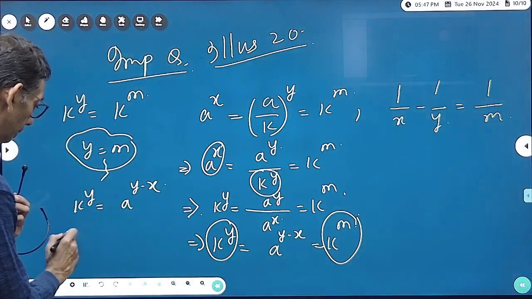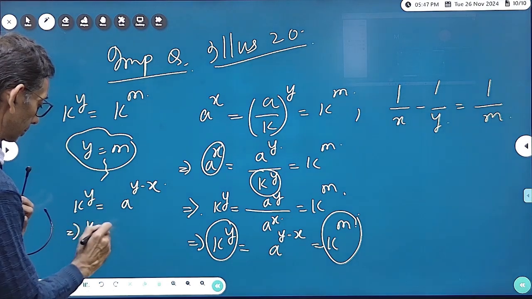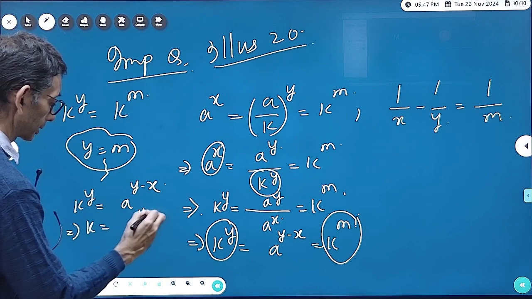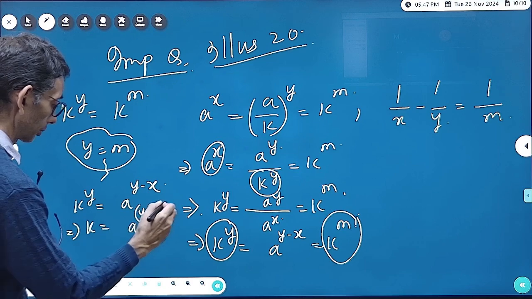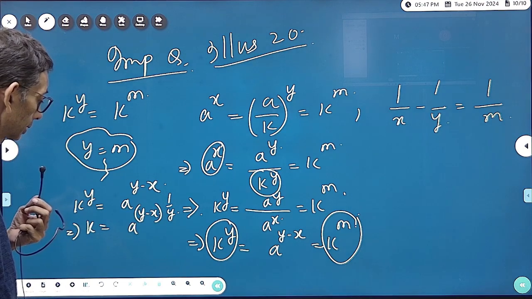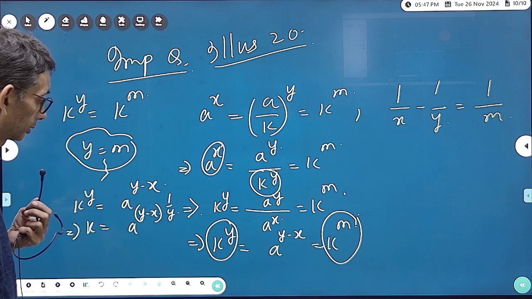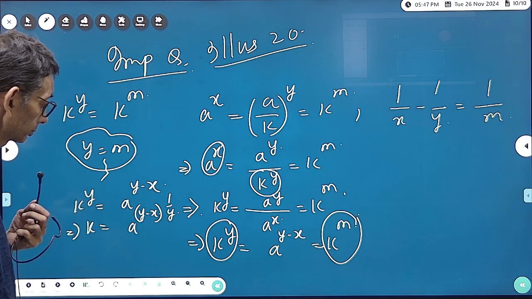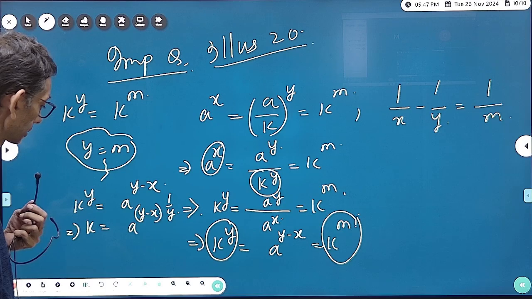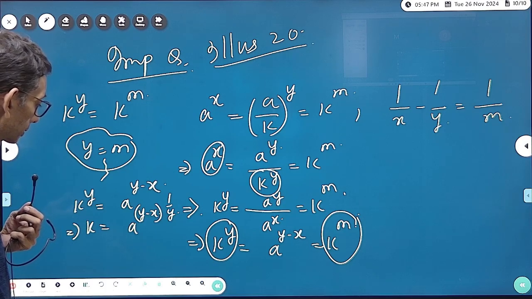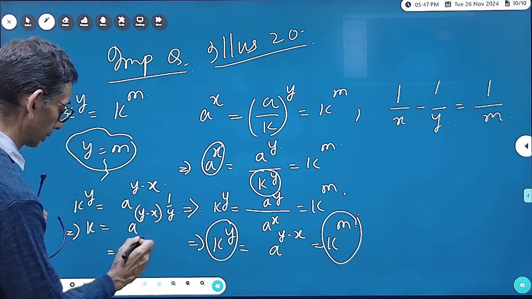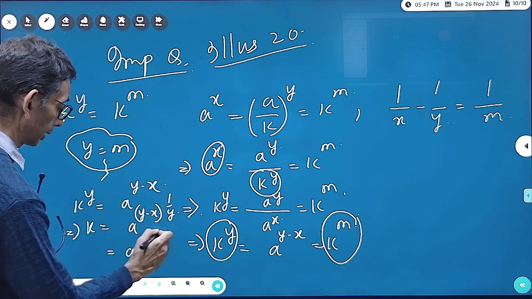But we can make y go away; we need the value of k. To get the k value, raise a to the power y minus x whole to the power 1 by y, so we remove this one, right? Okay. So k is equal to a to the power y minus x whole to the power 1 by y. Multiplying the exponents, y times 1 by y gives 1 and x times 1 by y gives x by y.